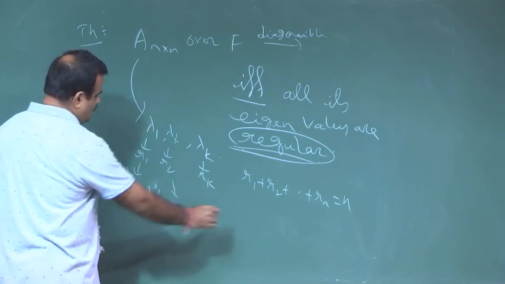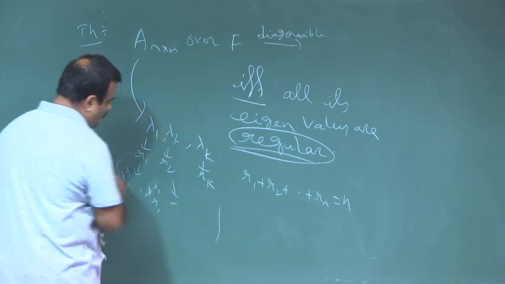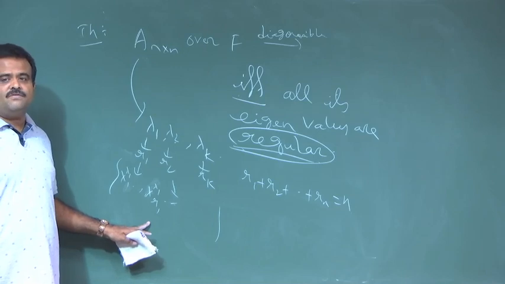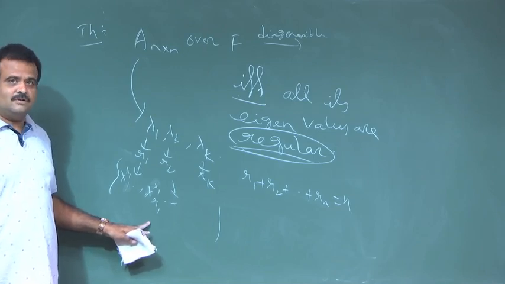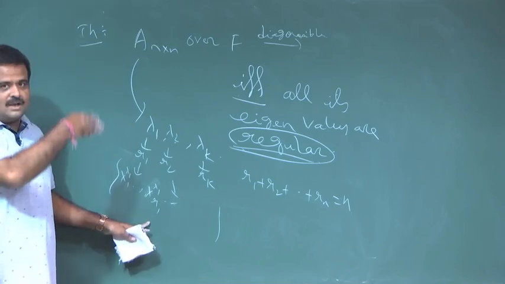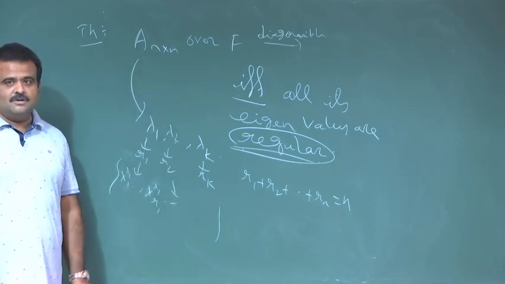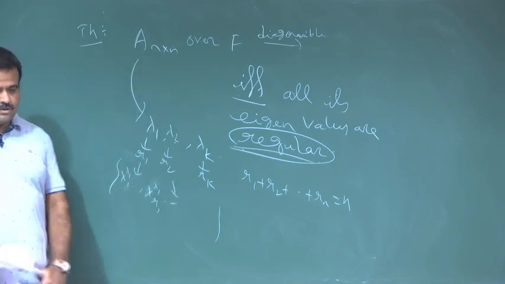Similarly for the others. So, eventually we have n linearly independent eigenvectors. Once we have that, then we know from the earlier theorem, the necessary and sufficient condition, that this is diagonalizable. So, this is another way to look at it.